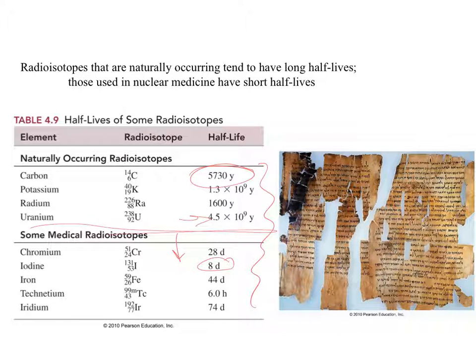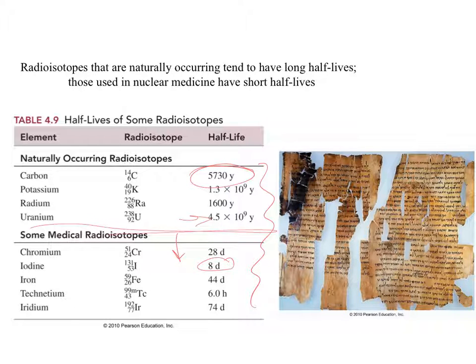So they give you a little tiny amount of iodine 131, and the reason that one works so well for thyroid is because your thyroid processes iodine. Whether it's radioactive or not, your body doesn't know. Your body sees iodine come into your system, and it sends all the iodine to your thyroid for processing. And if it's radioactive, it's going to be emitting radiation that can be measured and detected.